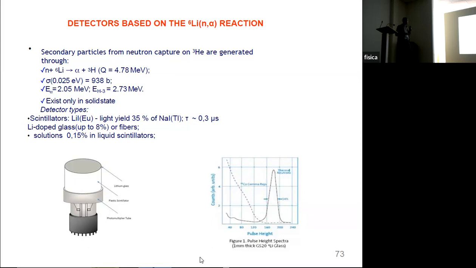Sometimes this is more important, even if you have to sacrifice your efficiency. Lithium can also be used in some liquid solutions with concentrations of about 0.050%. Here is just an example: the lithium glass is connected to a PMT. You can use it as a simple scintillator to specifically detect neutrons.